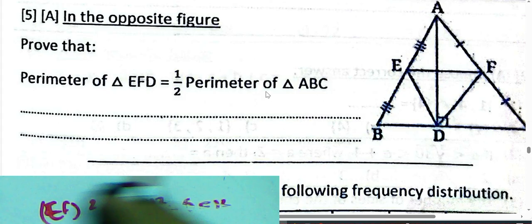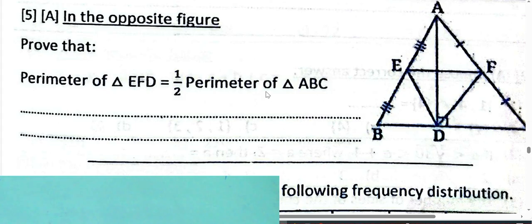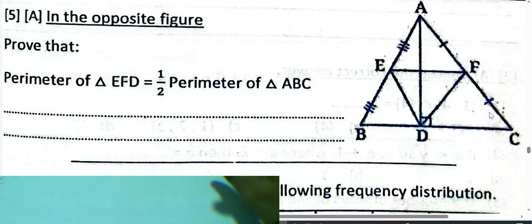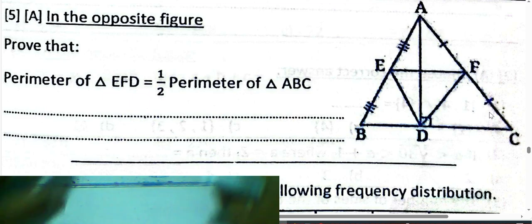In this example, he wants to prove that the perimeter of triangle EFD is half of the perimeter of the greater triangle ABC. Okay, we can find the relation in this example. Look with me at the steps.